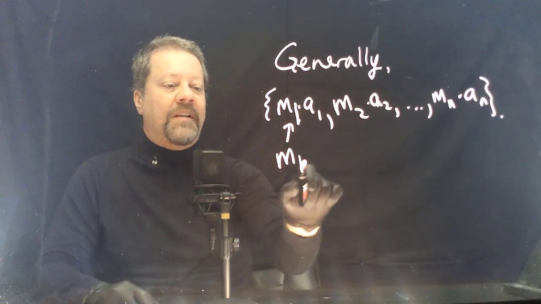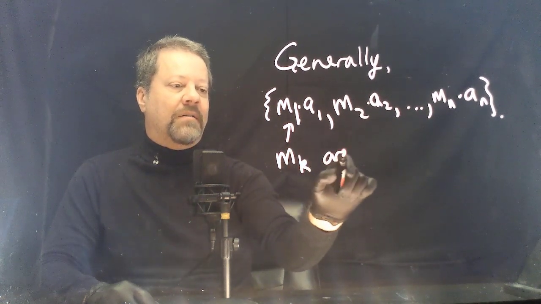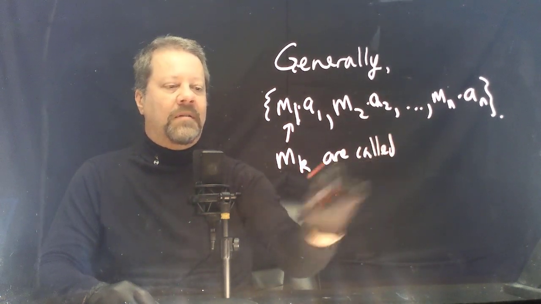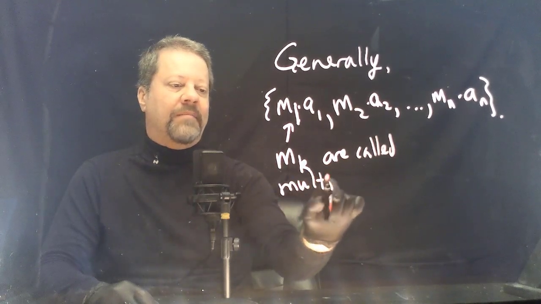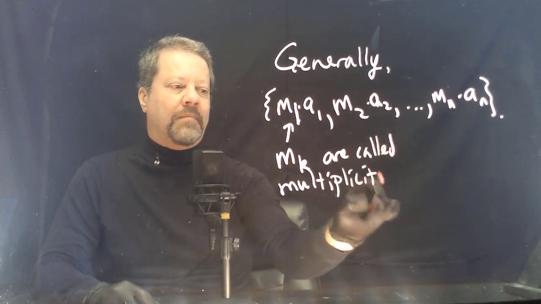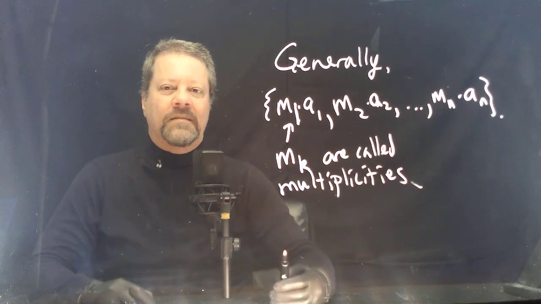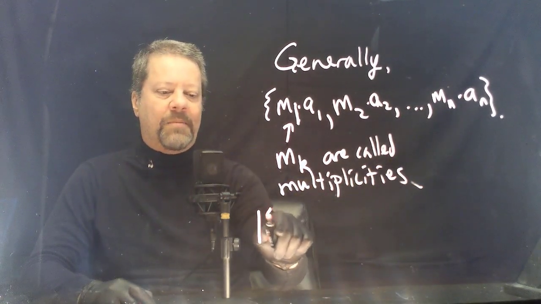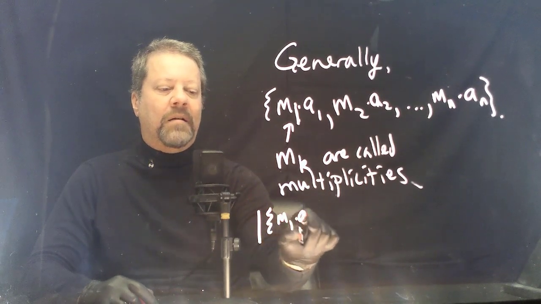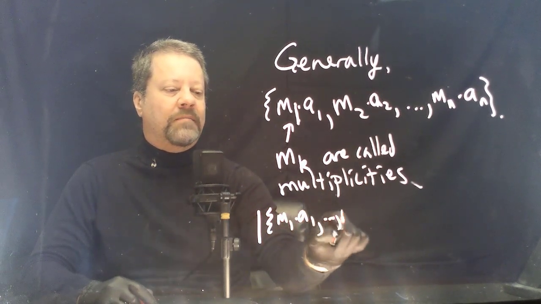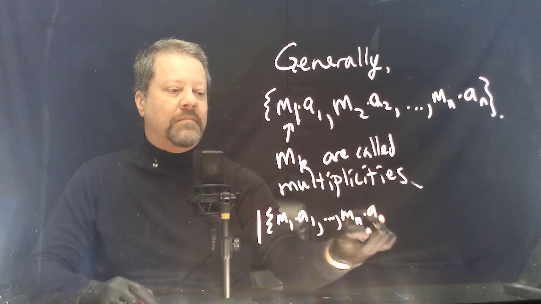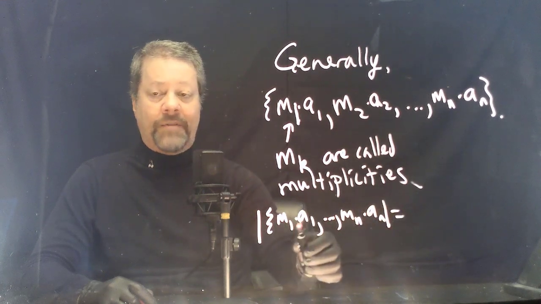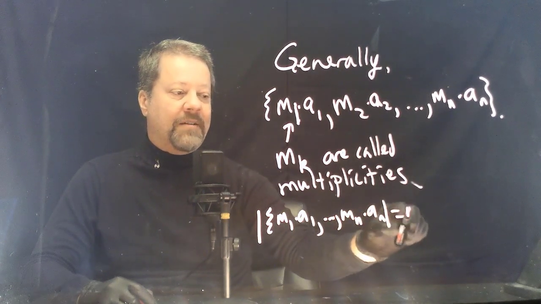The M sub k's are called multiplicities. It's easy to calculate the cardinality of such a multiset. All you have to do is count up the multiplicities.